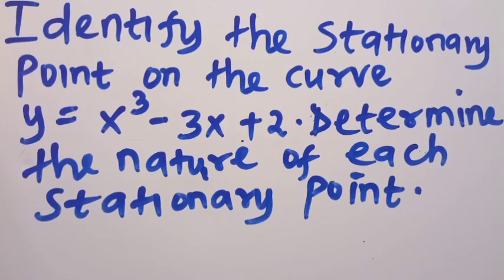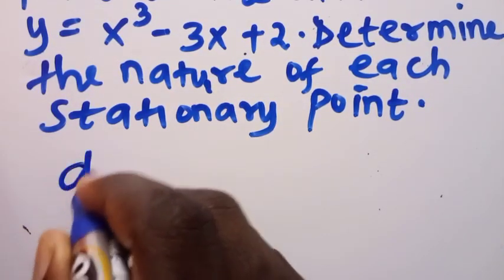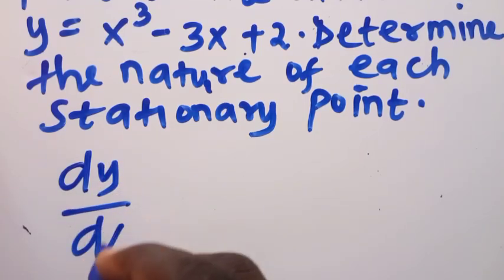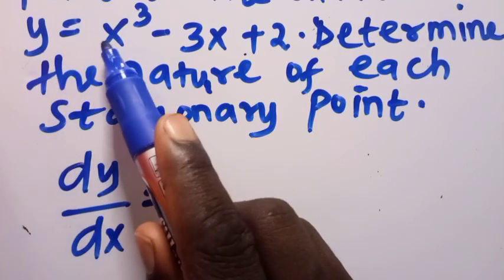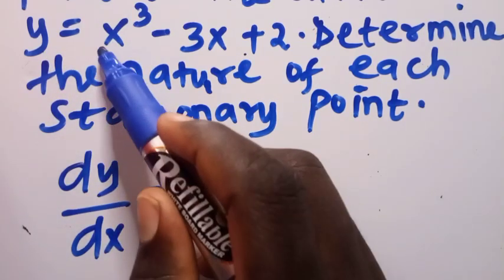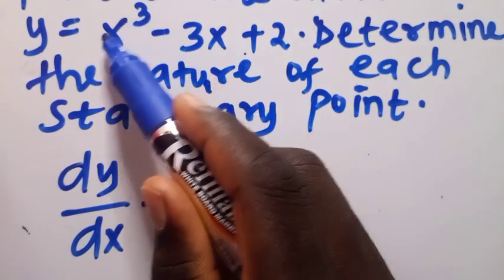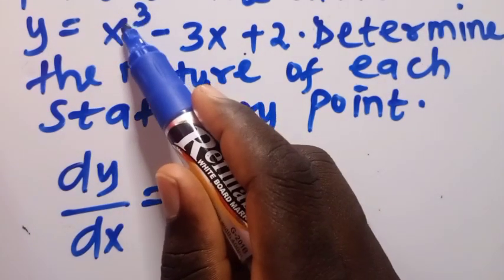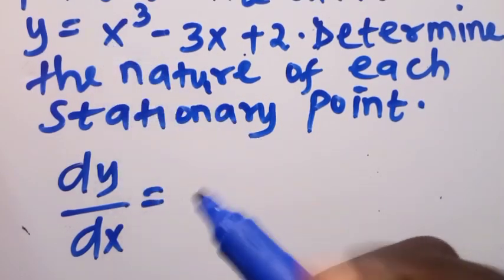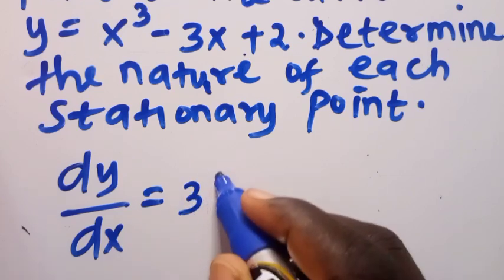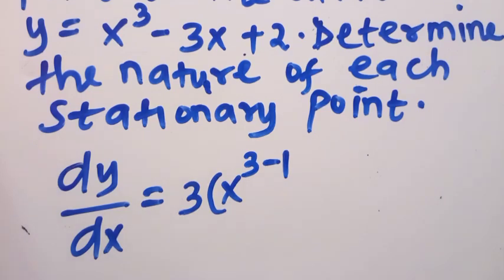Now, let us find the gradient function, that is dy over dx. If we differentiate this function of y with respect to x, we shall differentiate each term in turn. The first term is x cubed, so we bring the 3 before the first term and multiply, then raise x to 3, but we reduce the power by 1.